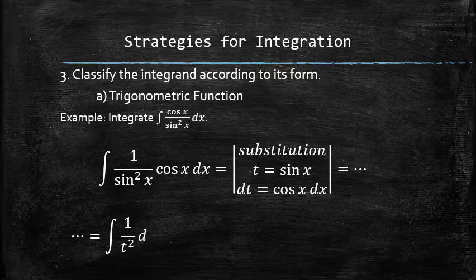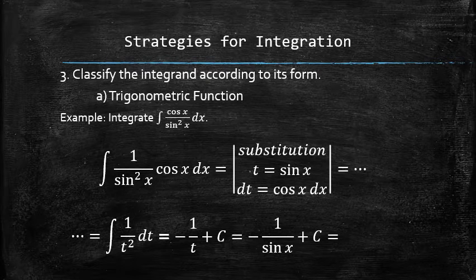Next, we plug everything into the original integral, and notice how we have nothing but the function of t left in the integral. We finish the process by finding the antiderivative and plugging the original function of x back for t. After using the reciprocal identity, we can rewrite the answer as negative cosecant of x.